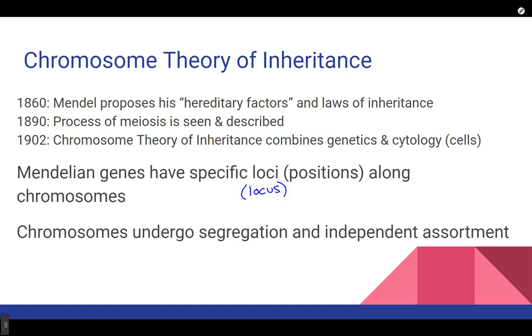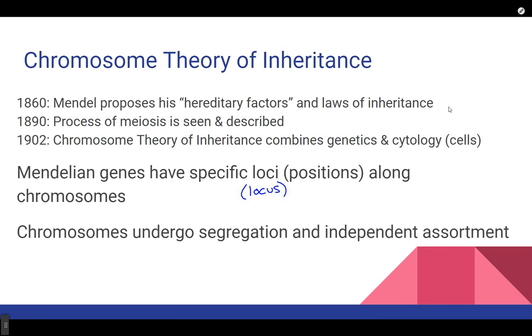So then they were able to take Mendel's laws that he had come up with, the fact that the two copies separate and only one goes to the offspring, and that different genes don't affect each other, and apply those to this idea of chromosomes. They realized that if the genes are located on the chromosomes, it's the chromosomes that are segregating. So only one of each chromosome goes to an egg cell or sperm cell.